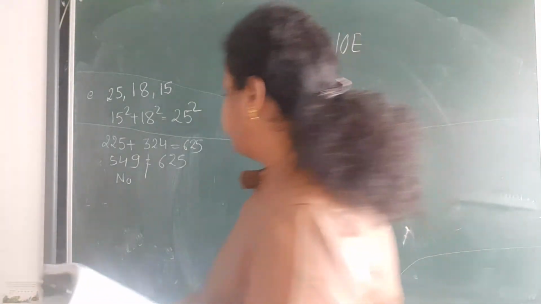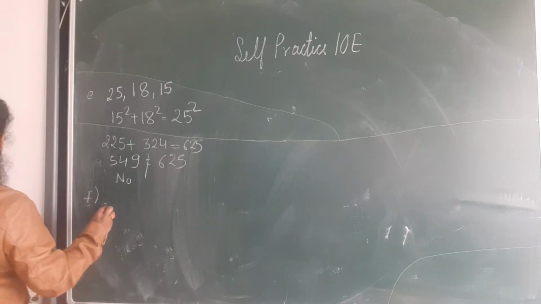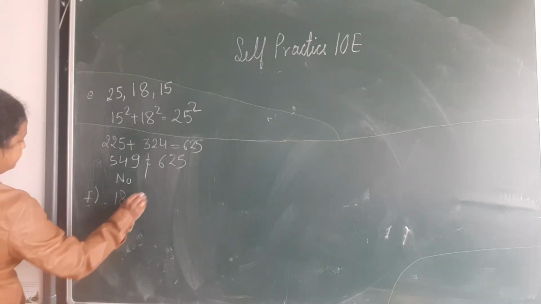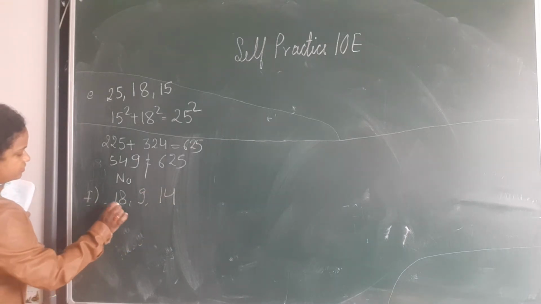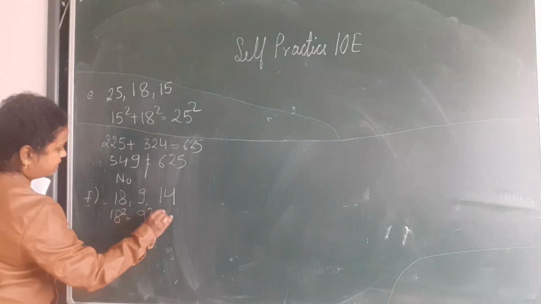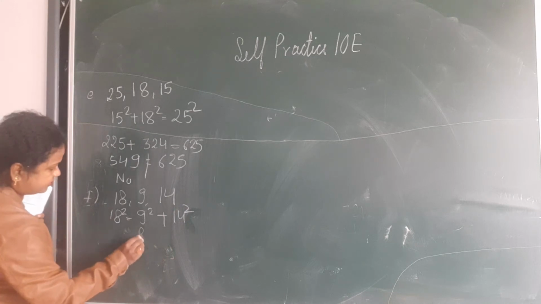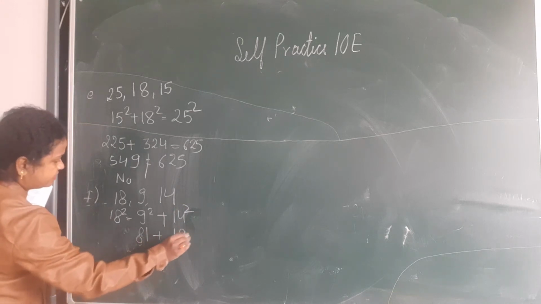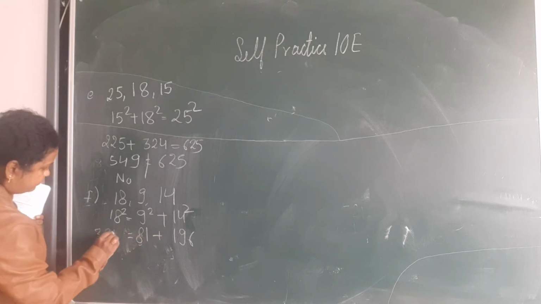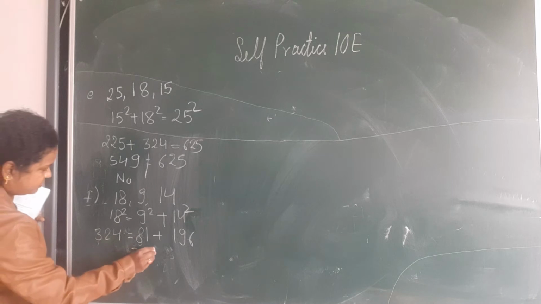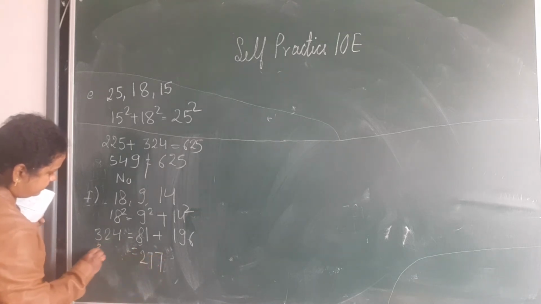Now see the F part. 18, 9, 14. 18 square should be equal to 9 square plus 14 square. 9 square is 81 plus 196 gives 277, and 18 square is 324.